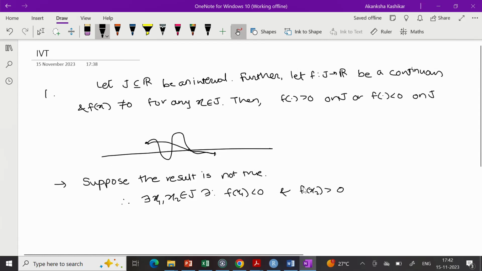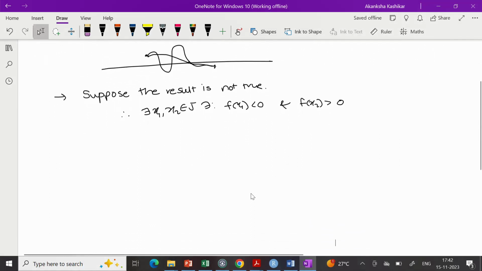There exist 2 points, because we are saying the result is not true. Not true means it doesn't take all positive or all negative values. So there will be at least one point where the value is positive and there will be at least one point where the value is negative. We are calling those points x1 and x2.